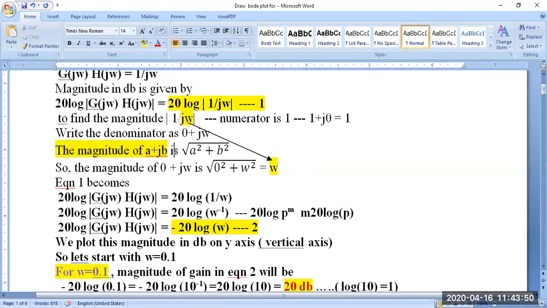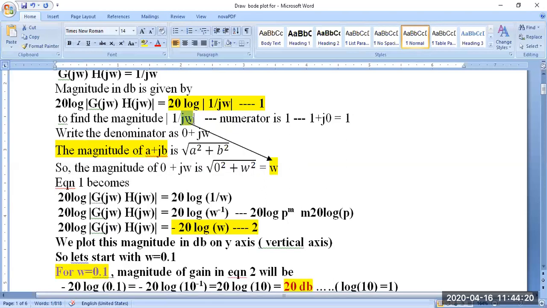It is always equal to under root a square plus b square, which is the square of the real part plus the square of the imaginary part. So what is the magnitude of numerator 1, which is 1 plus j0? It will be under root 1 square plus 0 square. So under root 1 square means it is 1 only. So the magnitude of numerator is 1. What is the magnitude of denominator now?